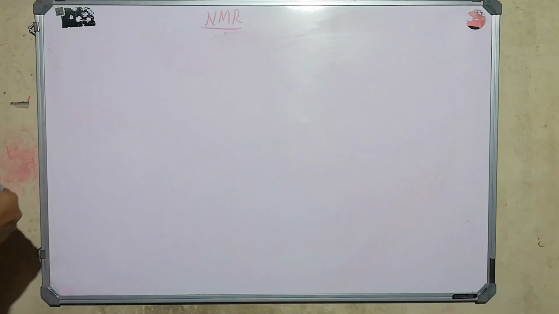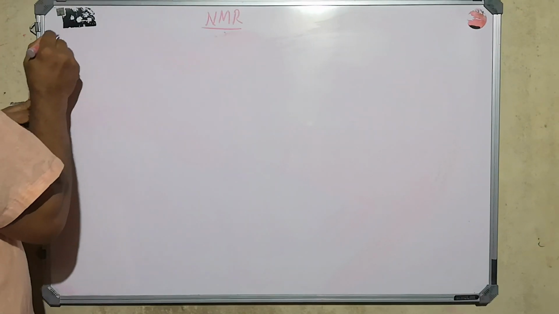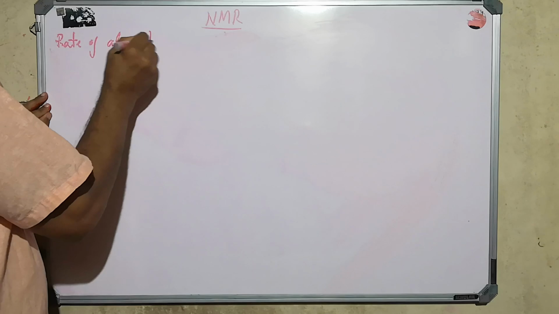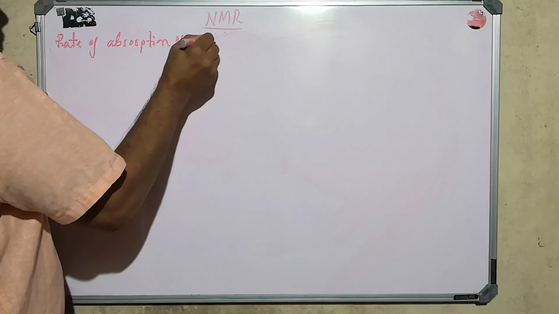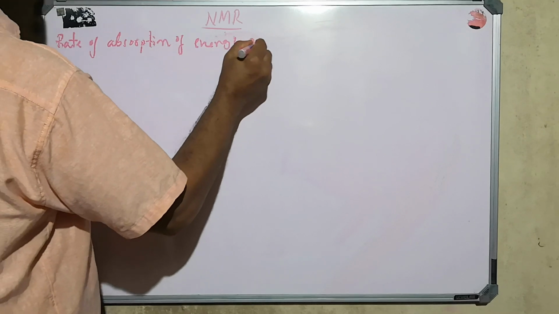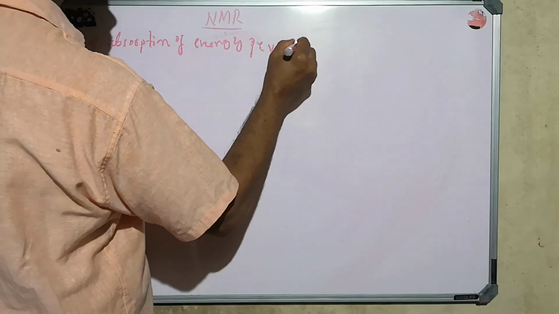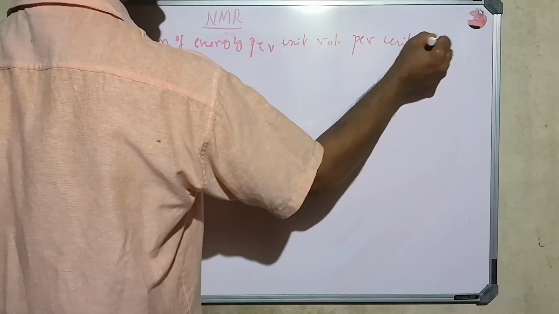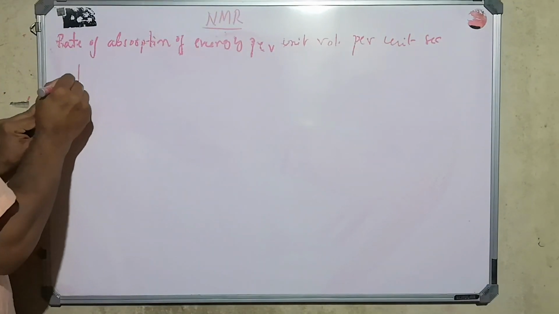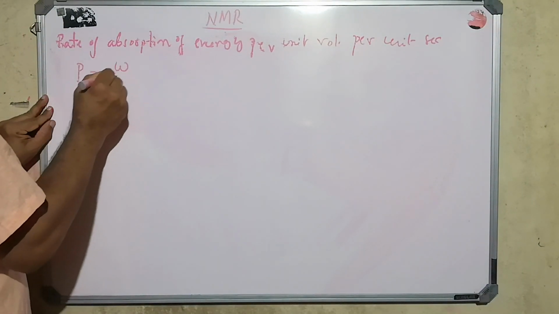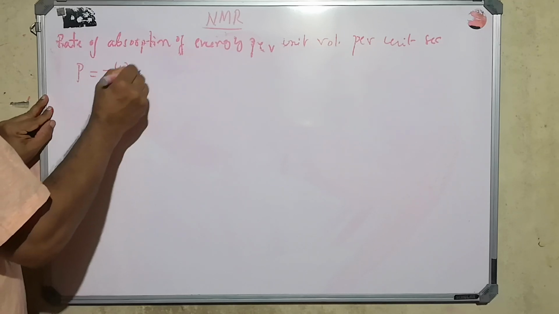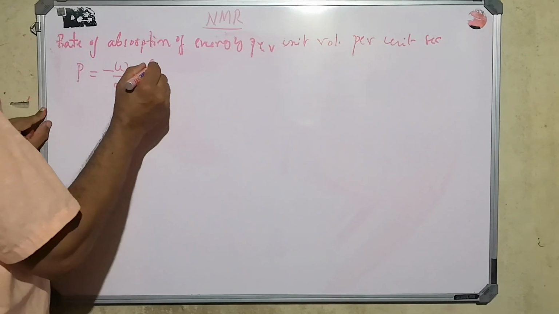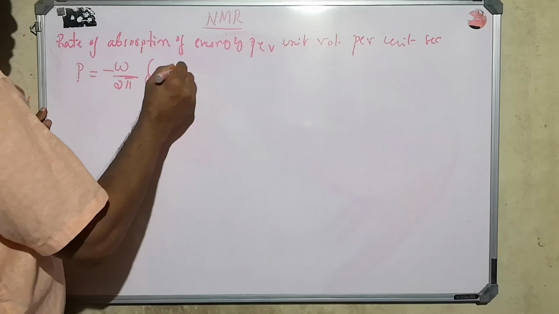So, the rate of absorption of energy per unit volume per unit second can be shown as P is equal to minus omega divided by 2 pi integration over a complete cycle, that is 0 to 2 pi, into m into dH.